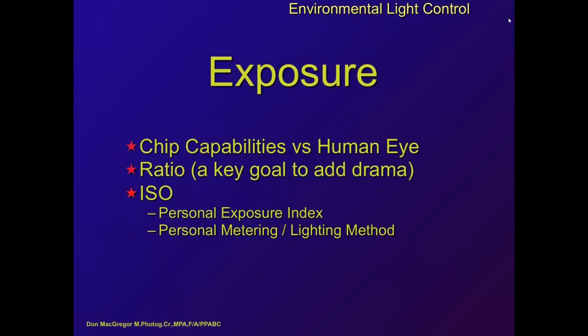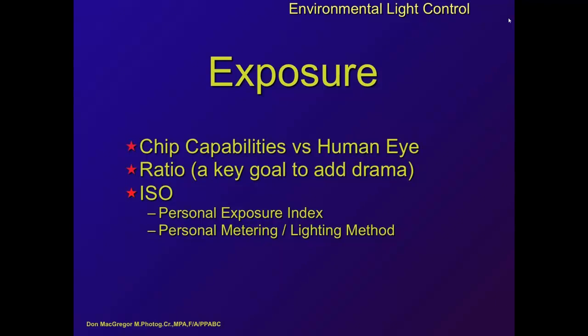Your chip cannot, nor could film in the older days. It could not see that range of tones that the human eye can see. It can only capture or record a smaller proportion of that, maybe 30 to 70. I'm just picking a number out of the air, but that's a very realistic way to look at it. It can handle maybe from 30 to 70.